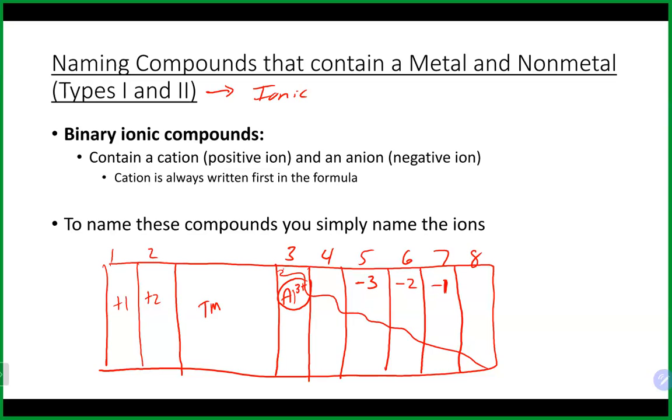Now, transition metals can have a varied positive charge. That means something like copper could be +1 or +2, depending on the situation. Iron could be +3 or +2, depending on the situation. There are 3 exceptions in the transition metal region that actually have fixed charges. That is our friend zinc, and cadmium.